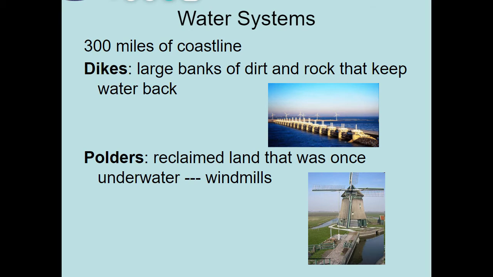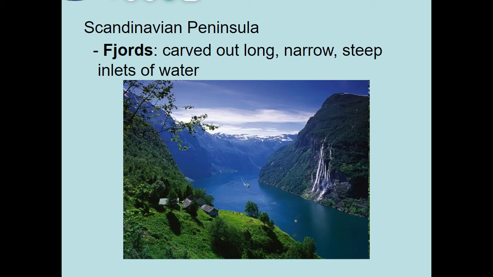And this is important because it allows them to expand areas in which they don't have enough physical space. And with these polders, they will build windmills, towns, cities, all different kinds of things. Like you guys have heard of Amsterdam before, about half of Amsterdam is actually built on polders. Okay, so it's pretty cool.